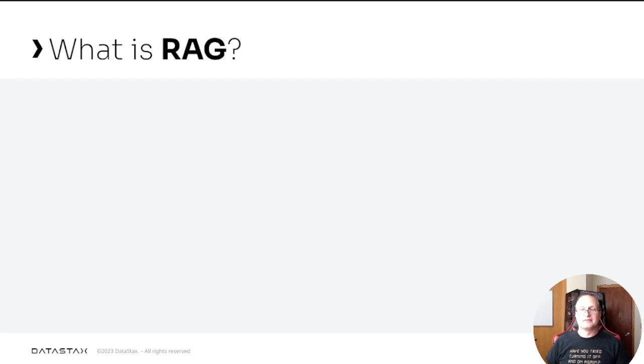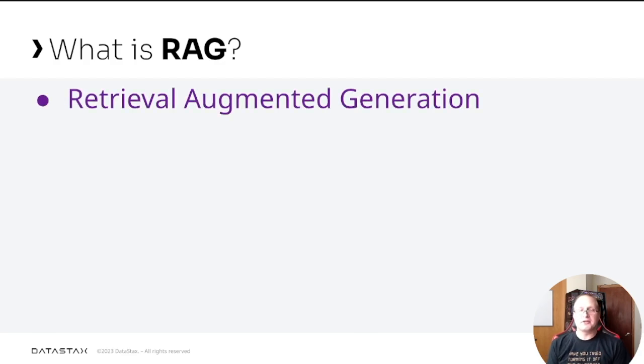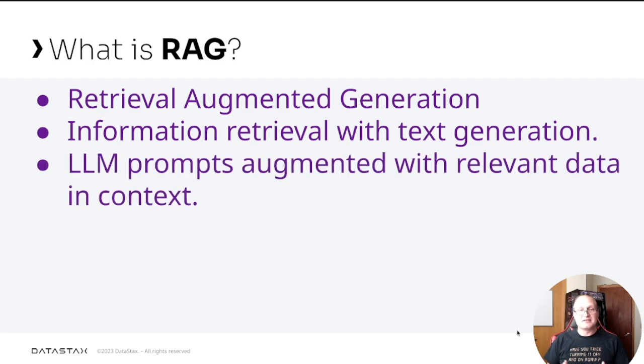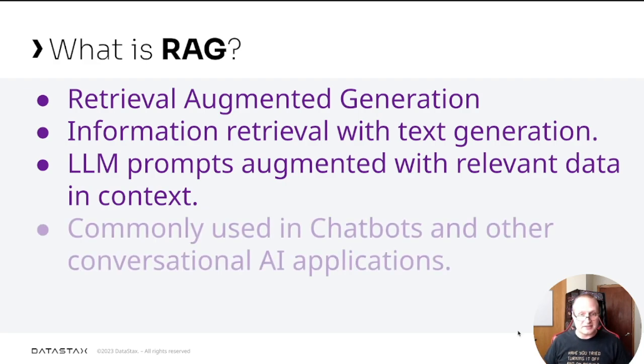What is RAG? Well, RAG is something you're hearing a lot these days in the AI/ML world, and that stands for Retrieval-Augmented Generation. Essentially, it's information retrieval coupled with text generation. So the LLM that you're working with has its prompts augmented with relevant data in the context.